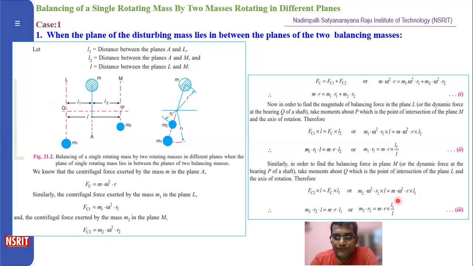Then M2 R2 L is equal to m r L1. I want M2 R2, so you get m r L1 by L. This is case 1.